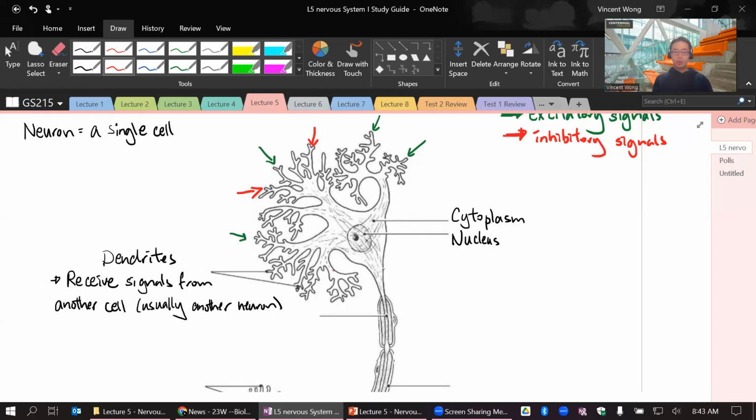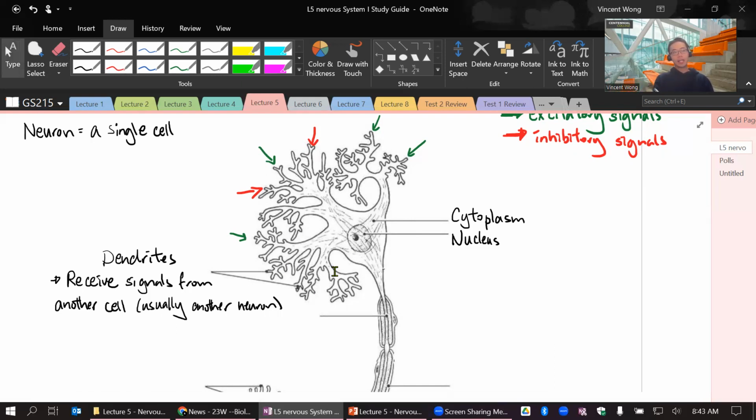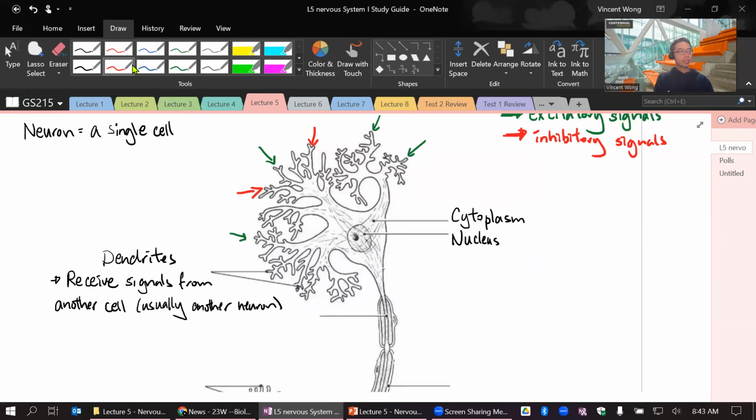If there are more inhibitory signals than excitatory signals, then the neuron will not transmit. This is of course an oversimplification of what actually happens, but for the most part, it's just like voting. Do you have more green signals or more red signals, and that determines whether it's going to be transmitted or not. I'm just going to pause there for a second to see if anyone wants to ask anything.